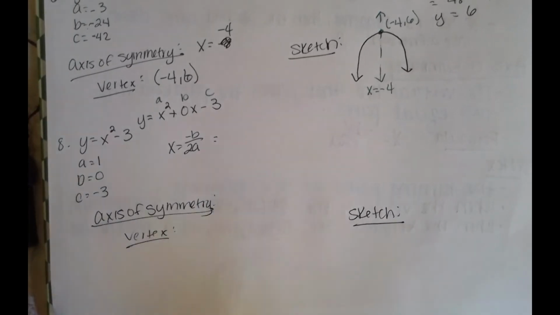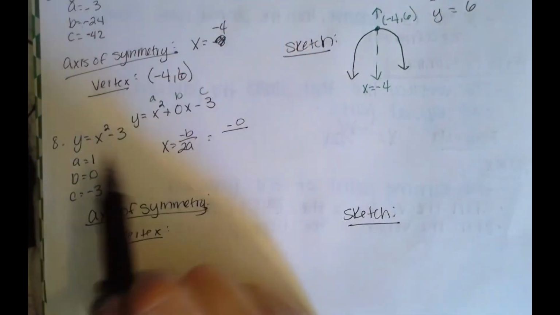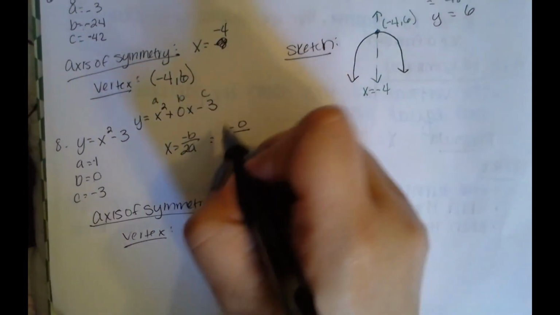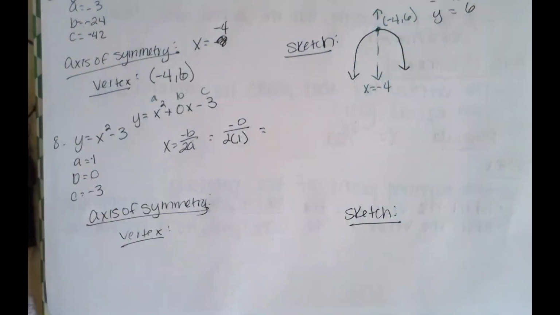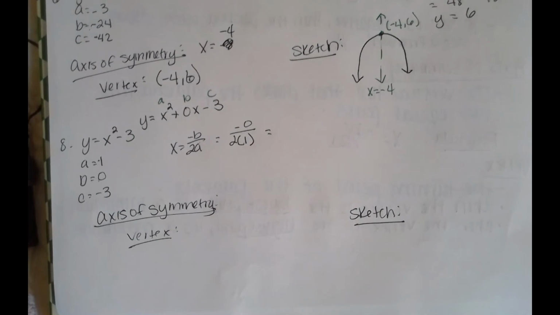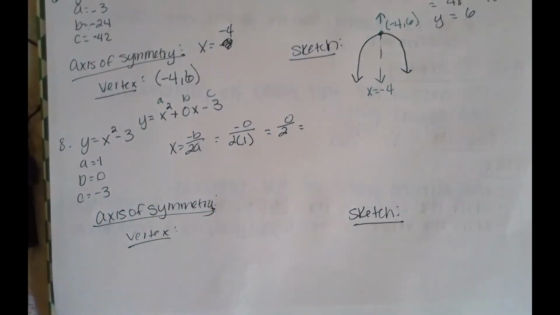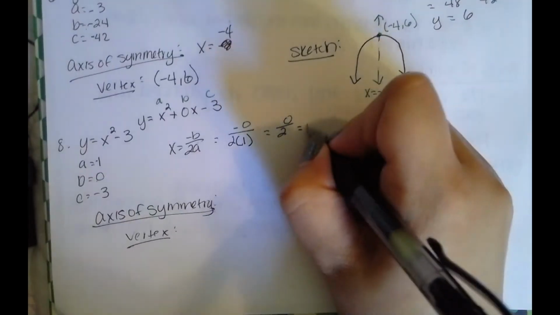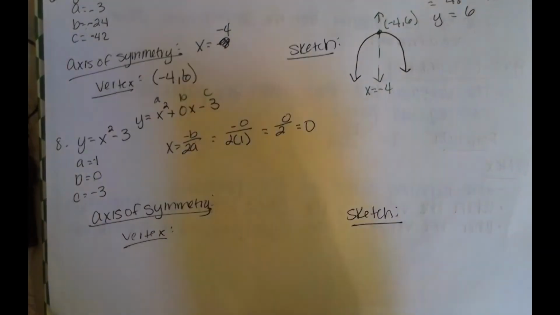You know 0 is b, so you put that in there. a is 1, so you put 1 in for a. Alright, 0 is neither positive nor negative, so you can multiply negative 1 times 0, but anything times 0 is just 0, divided by 2. 0 divided by anything is just 0. So your axis of symmetry is where x equals 0.